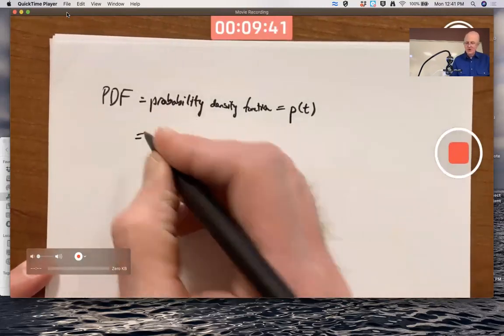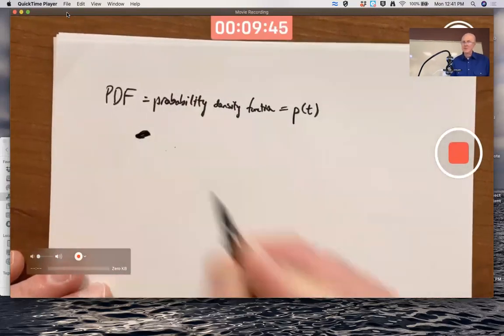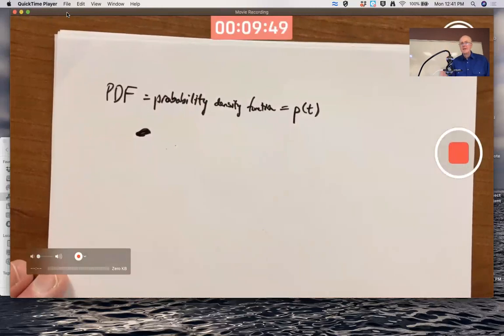There's two ways to interpret the meaning of this. And both ways of interpreting it involve doing an integral. That's why this is in calculus 2, because it's related to integrals.